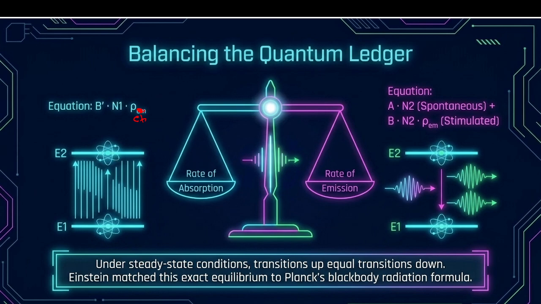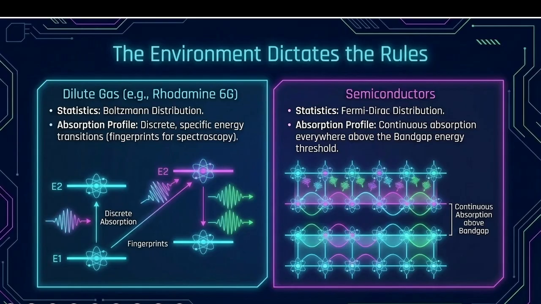Under steady state conditions, the transition up equals the transition down, and Einstein matched this exact equilibrium to Planck's blackbody radiation formula. So the environment dictates the rule.